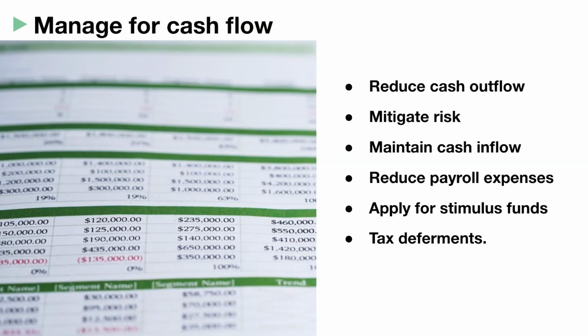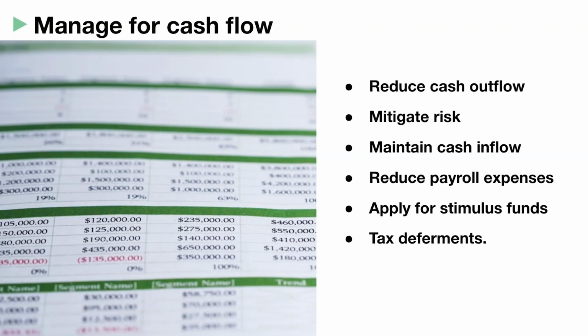Apply for stimulus funds. Keep an eye out for stimulus funding from all levels of government. During disasters and economic downturns, governments typically inject money into the economy to assist those affected and increase aggregate demand. And tax deferments.